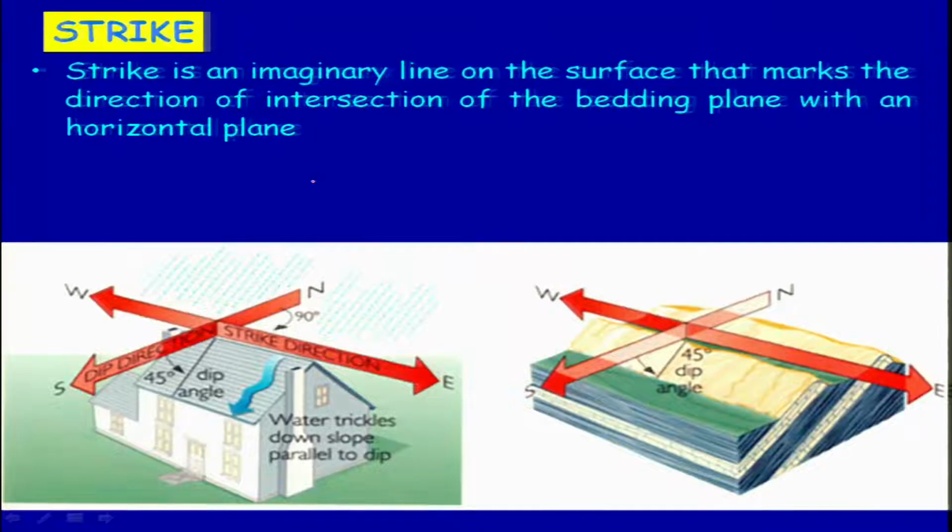You can see this in a simple example. If you take the top of a hut or the roof of any house, where you have two inclined surfaces, there is a horizontal plane which connects this line with respect to the inclined one. So, for example, you have an inclined plane here, and this is your imaginary horizontal plane.